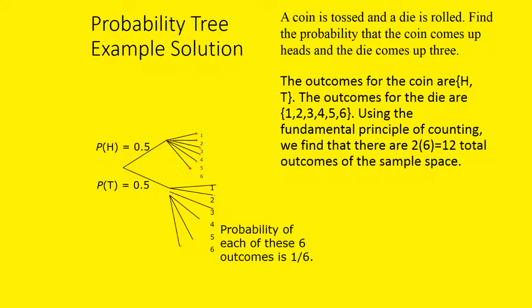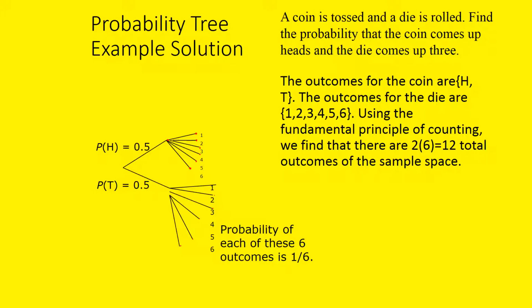If you have the possibility of 2 sandwiches, 3 drinks, and 4 salads, then the total number of lunches possible is 2 times 3 times 4. In the coin tossing followed by die rolling experiment, it's 2 times 6, or 12 total outcomes of the sample space.